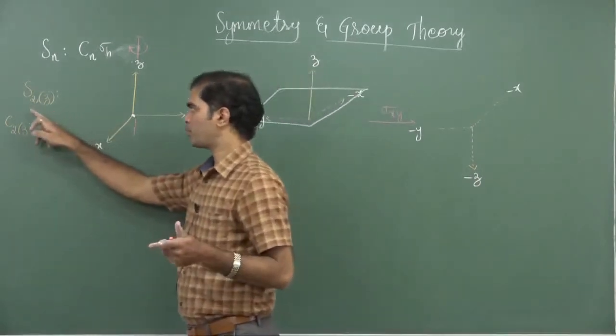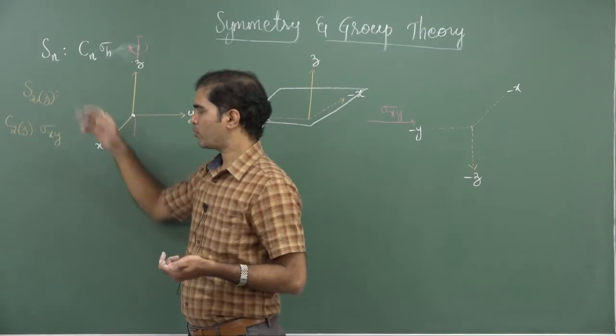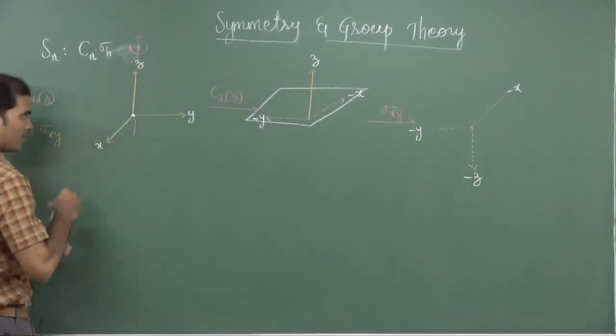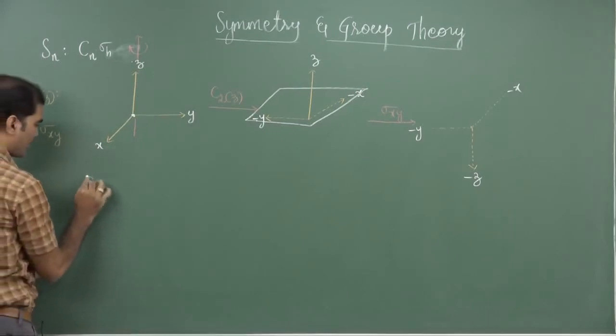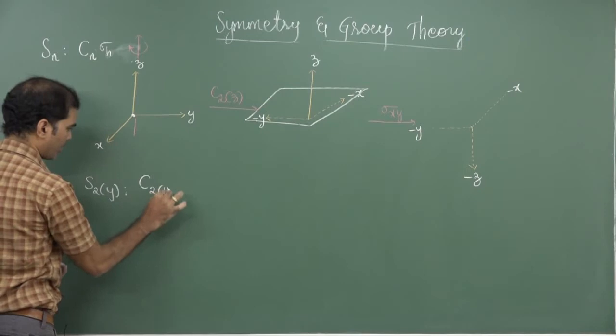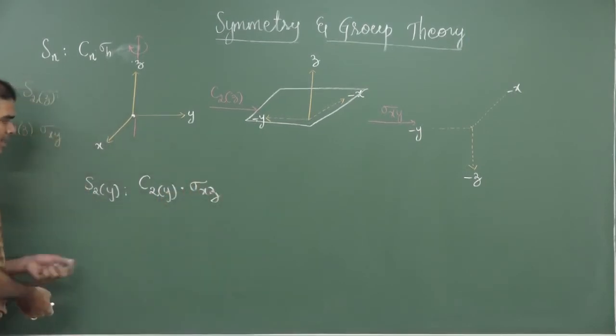If you try to perform S2 along y, or you may also perform S2 along x, I am not doing all these things, I am just saying that S2 along y is a C2 along y, sigma along xz.